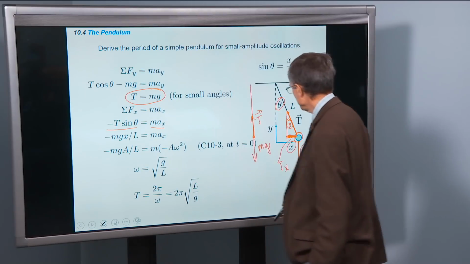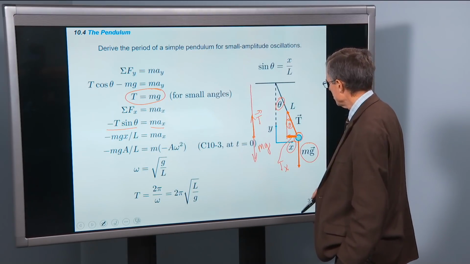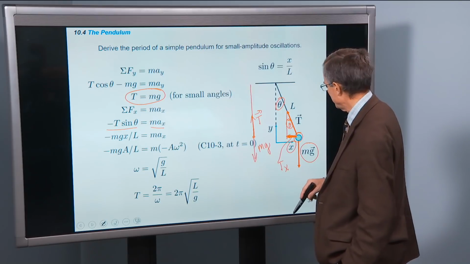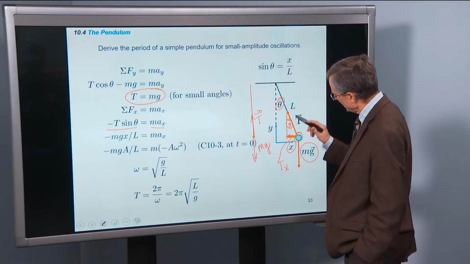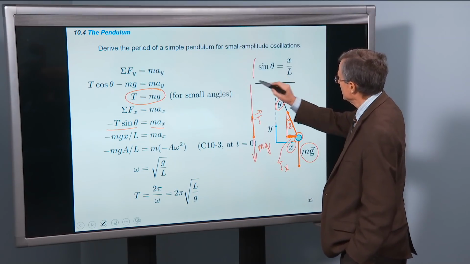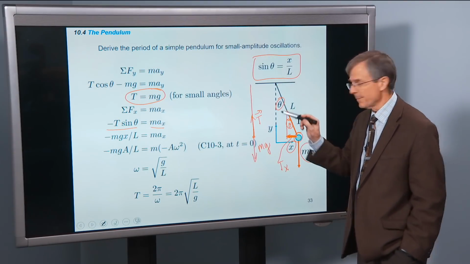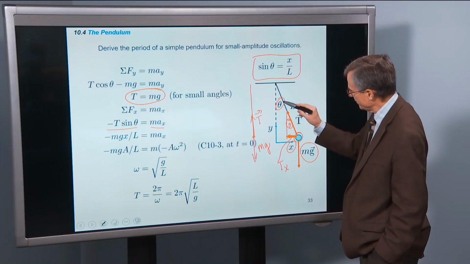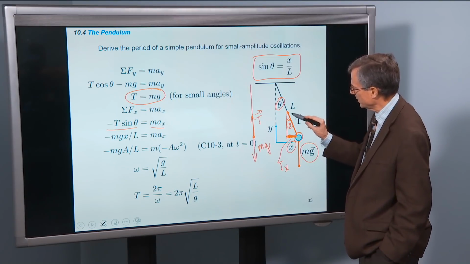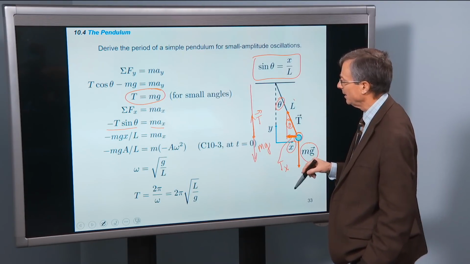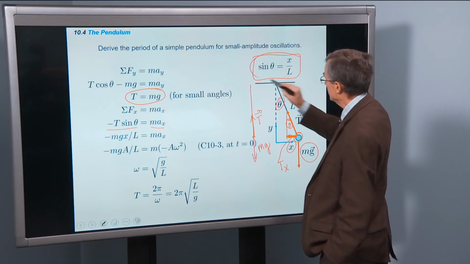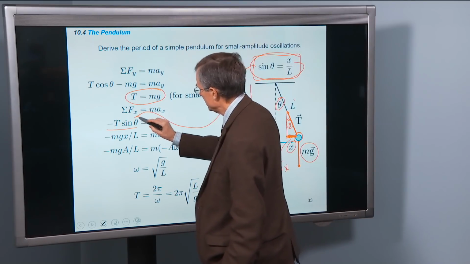But we can do a little bit of geometry and notice that sine of theta is x over L. If we look at this big triangle here, sine of theta is the side opposite over the hypotenuse. That's x over L. And so I'm going to substitute this relationship into here.